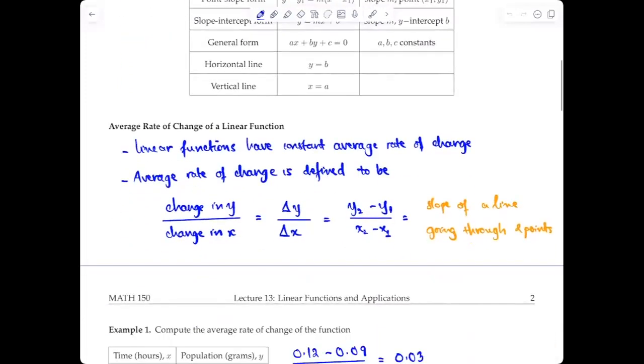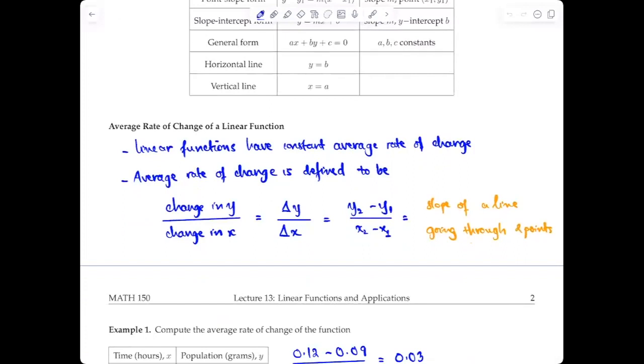Another concept that we covered last time is the average rate of change of linear functions. Okay. We say that the average rate of change has the same formula as finding the slope of the line going through 2 points.